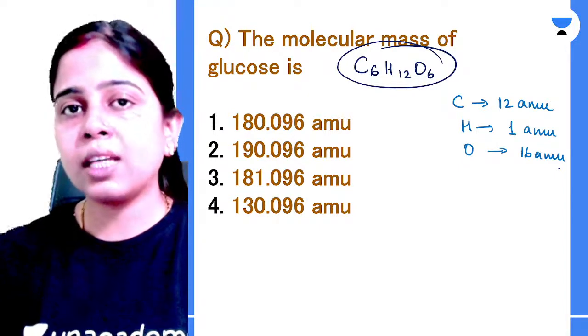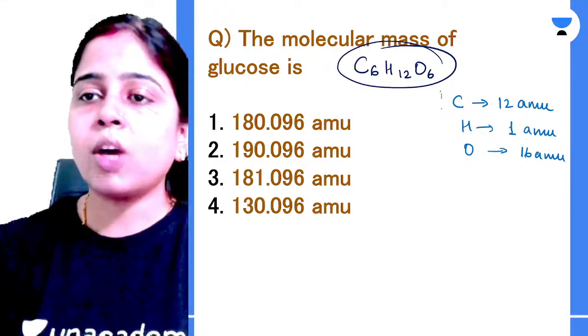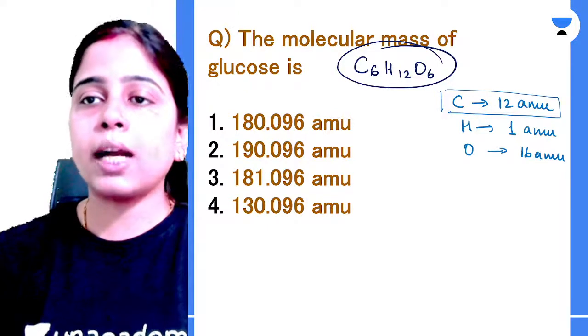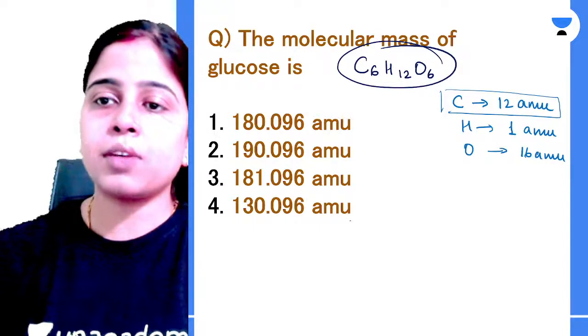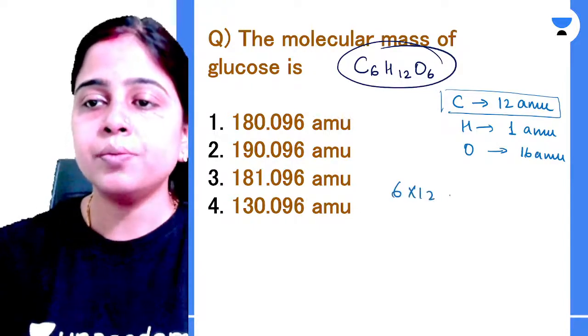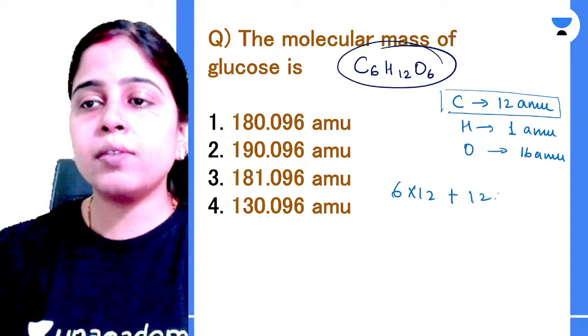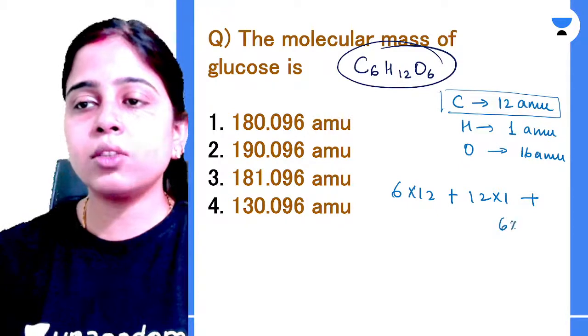You can see we have 6 atoms of carbon. That means if the atomic mass of one atom of carbon is 12 AMU, what will be the entire atomic mass of 6 atoms of carbon? So 6 into 12, plus 12 hydrogen atoms, so 12 into 1, plus 6 atoms of oxygen, so 6 into 16.